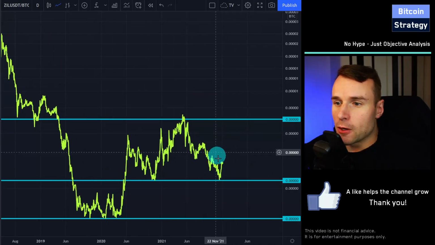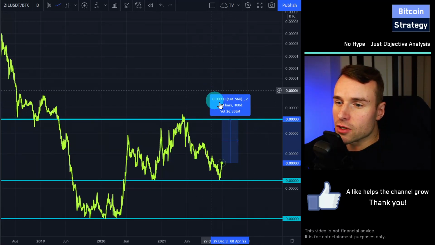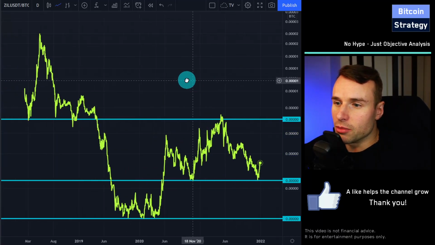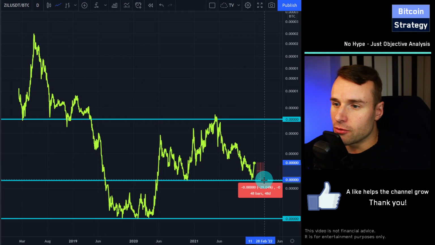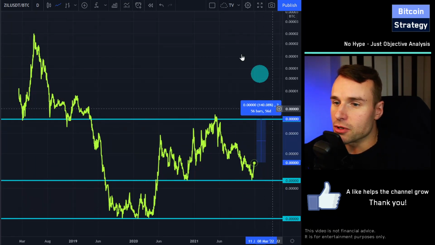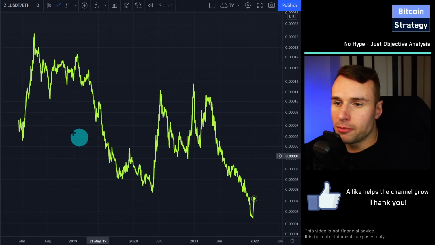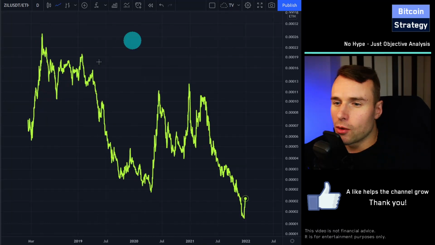If we just assume that we could go back again to these prior tops, we could see a potential outperformance versus Bitcoin of 140%. So that's currently the risk. If we go back down, a 30% loss versus a 140% gain. Now here's a very similar chart. This is now Zilliqa in Ethereum. And this looks a bit worse, right?